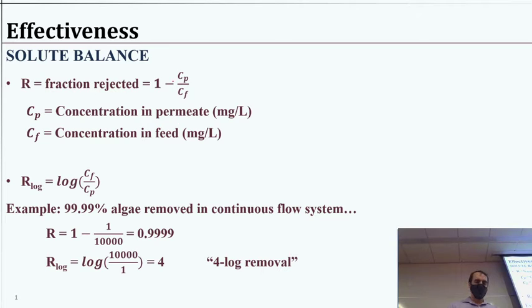So that's fairly straightforward, introducing these concepts that we have that concentration in the different flows. We can take the log of that and call that our R log. So that's a log-based rejection.